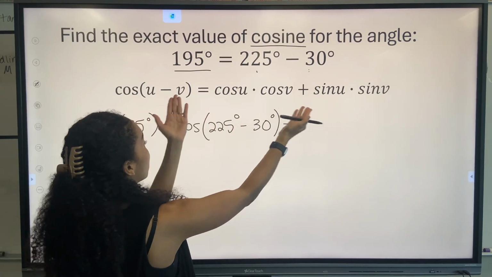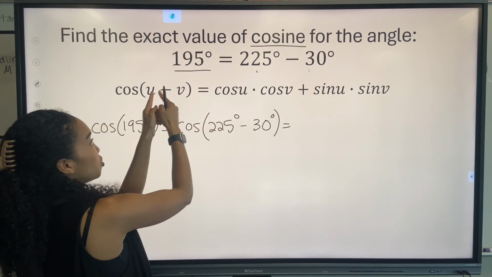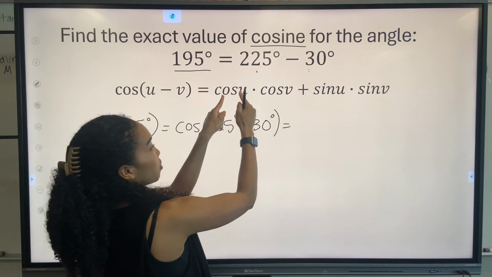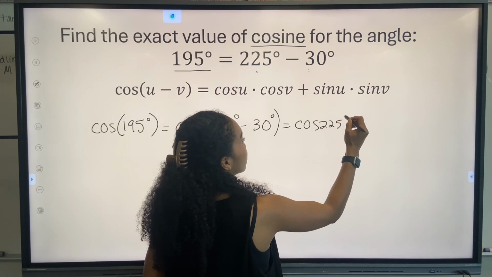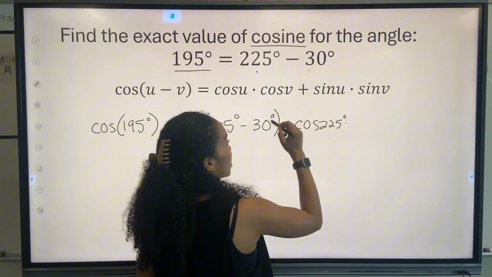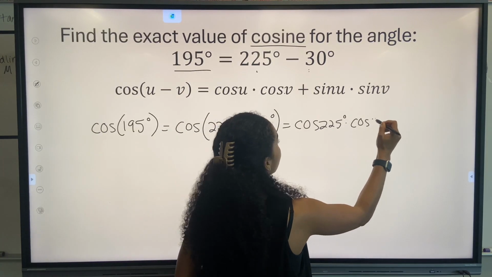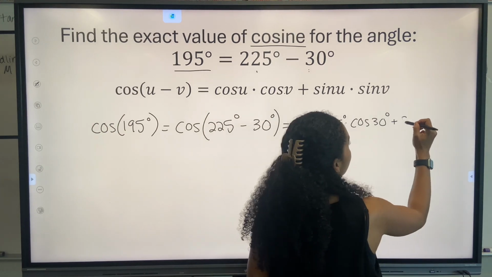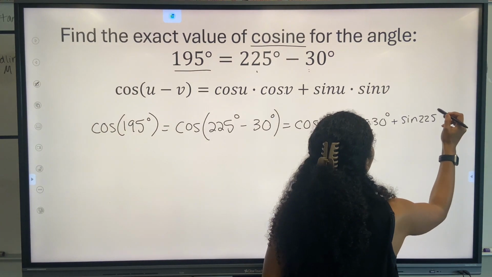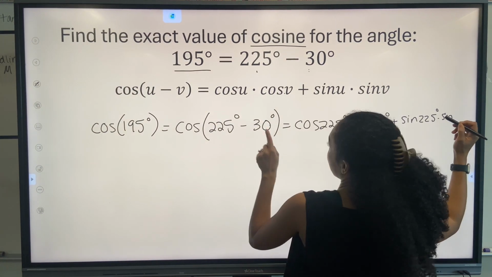And here's the formula whenever you're subtracting the two angles. I'm going to write cosine of the first angle times cosine of the second angle plus sine of the first angle times sine of the second angle.